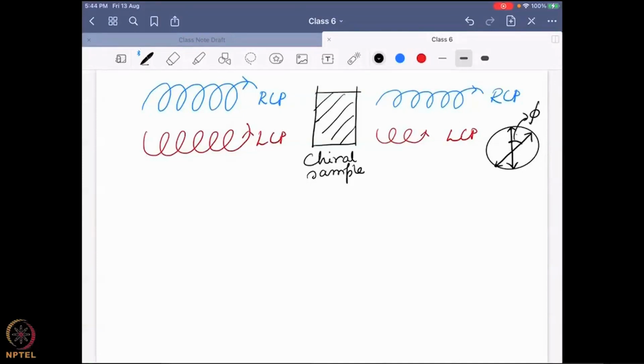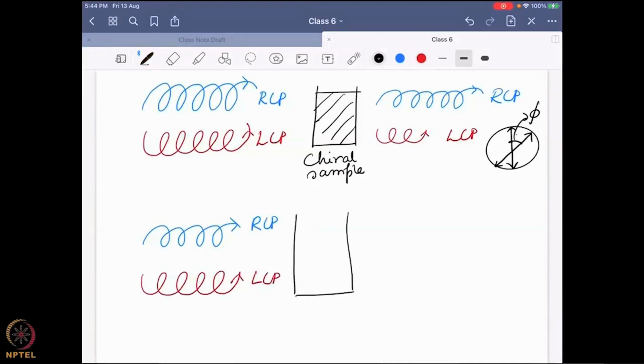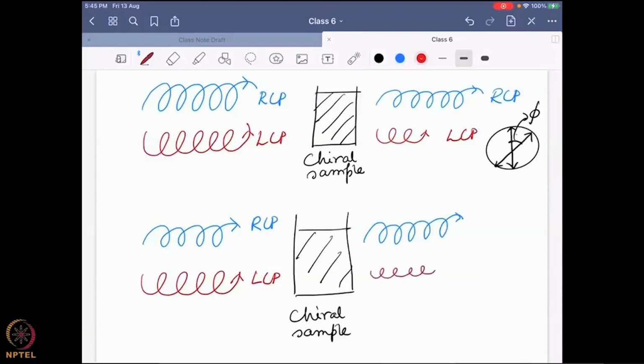This is happening because of the difference in speed. In the other case, it is possible that this is the RCP and this is the LCP, again going through the chiral sample, and one of them is absorbed more than the other. So the RCP remains almost the same, while the LCP, on the other hand, gets absorbed more.